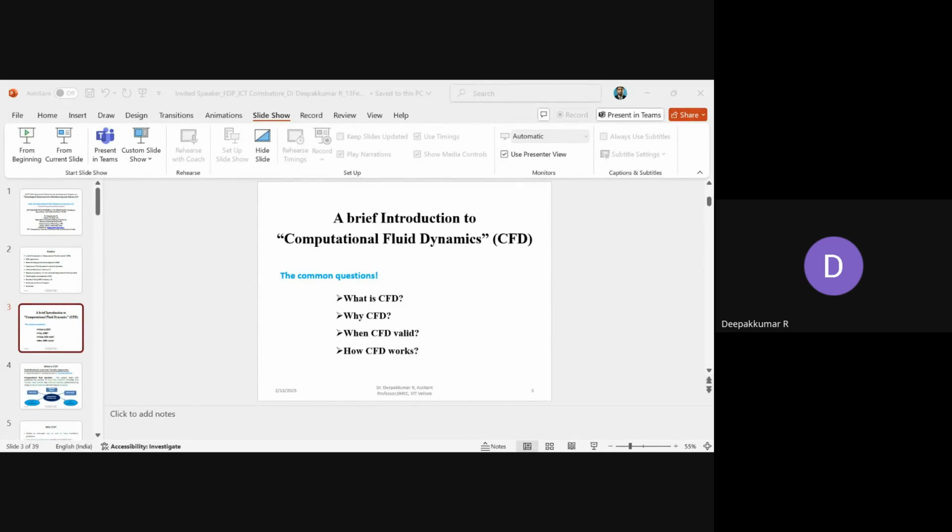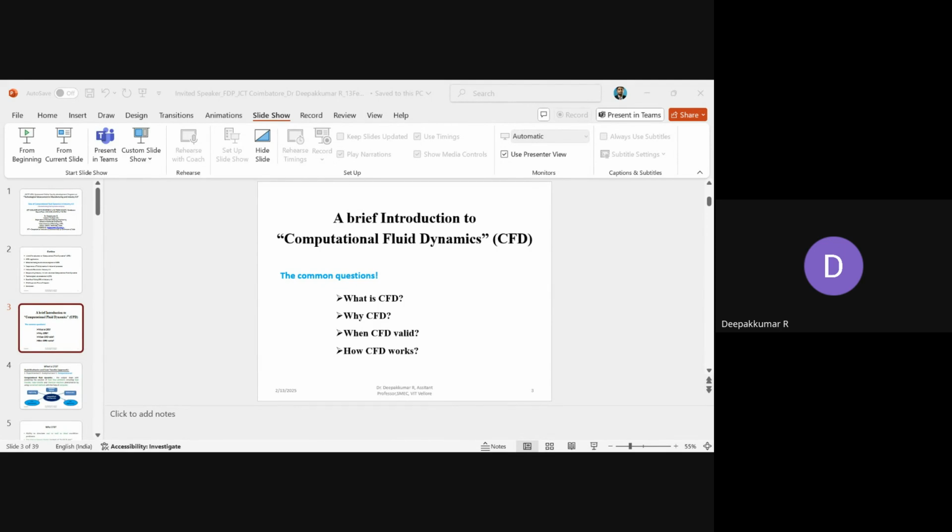Generally, if you are new to CFD, the common questions coming into your mind are: what is computational fluid dynamics, why we are using it, when are these results valid, how does it work, and what is its background. And finally, what are the various applications of computational fluid dynamics. I'm going to address each and every question for you.